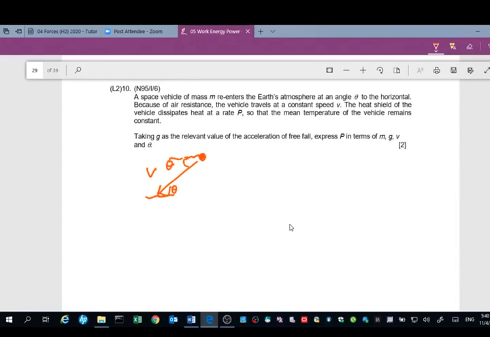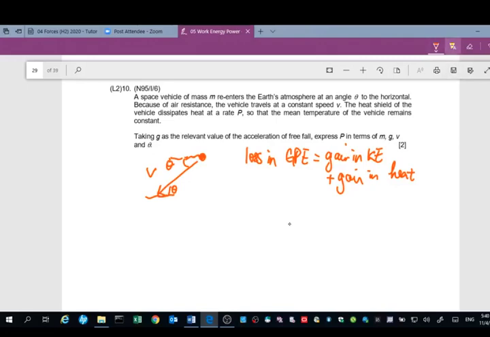Okay, so what happens now is that when the vehicle drops from a certain height to a lower height, there's a decrease in gravitational potential energy. So loss in gravitational potential energy is normally given by gain in KE plus the gain, in this case, in thermal energy.